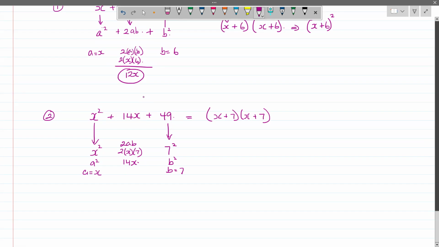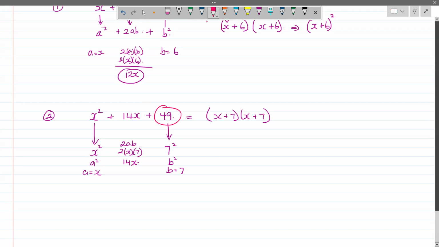Yeah? Now, your clues for using this method is, 1, the expression that you're trying to factorize is a quadratic expression like this: 3 terms, descending powers of x with the highest being x squared. Yeah? The other clue you're looking for is this term at the end being a perfect square.